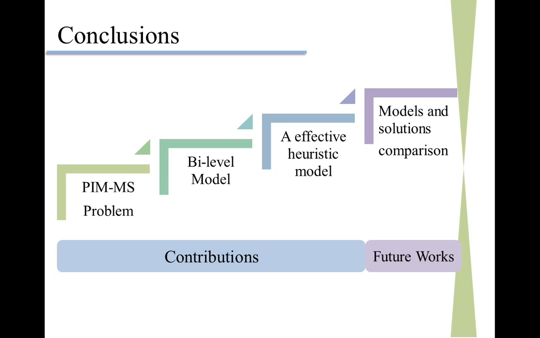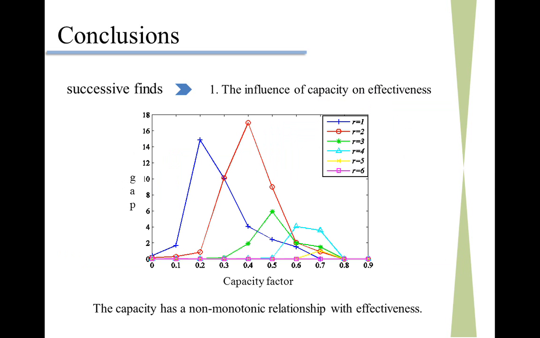We have done some successive researches and found some interesting conclusions. First, we investigate the influence of capacity on effectiveness and observe the relationship between adjustment factor in capacity formula and the gaps.